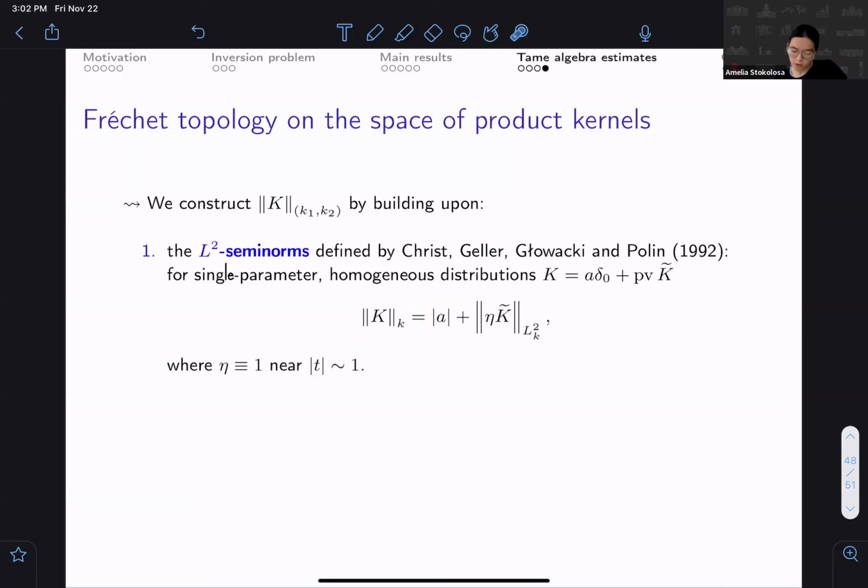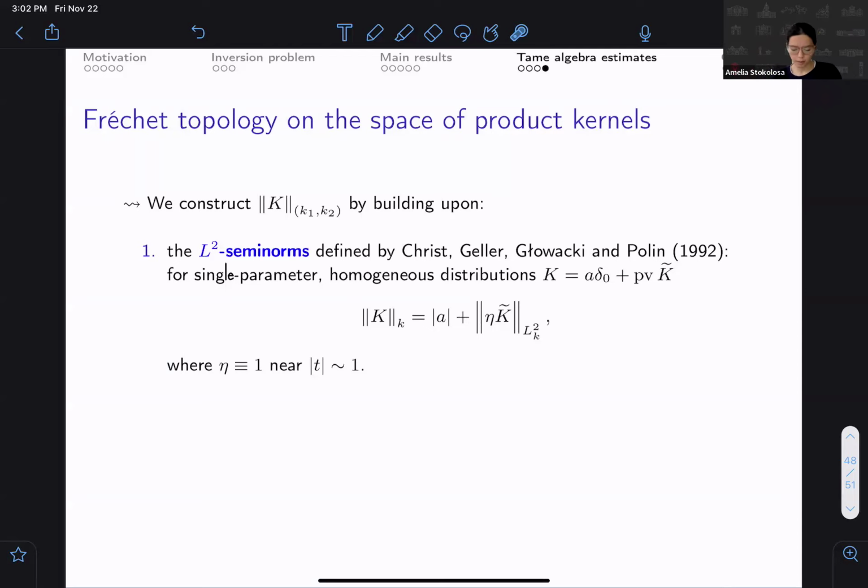Well, homogeneous distributions can be written in this way as a decomposition, where they take the absolute value of the scale of the Dirac function and measure the regularity where the input is comparable to 1 of the remaining part of the kernel. Take the L2 Sobolev spaces.